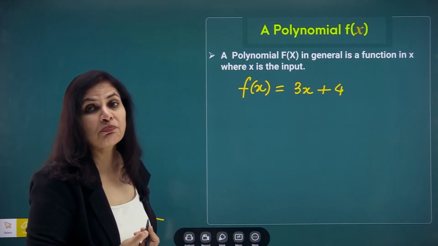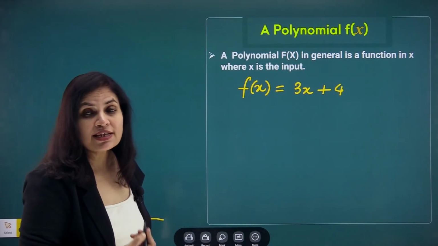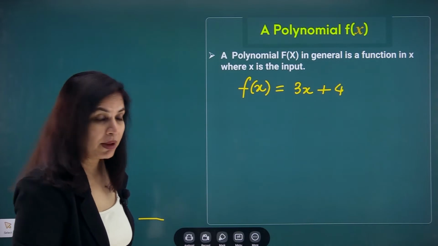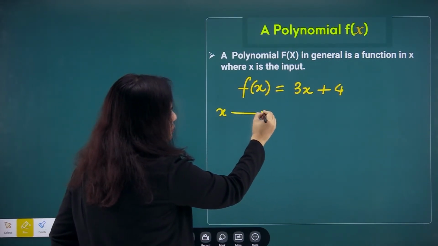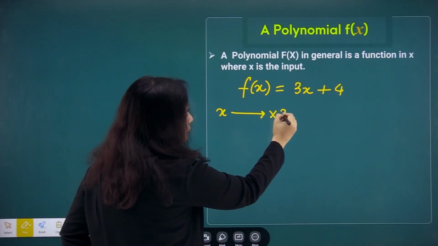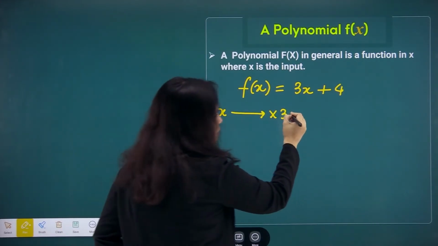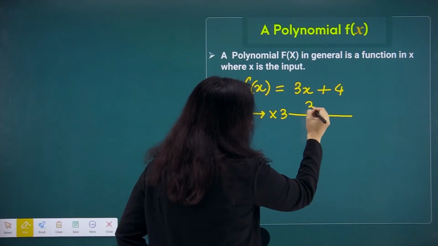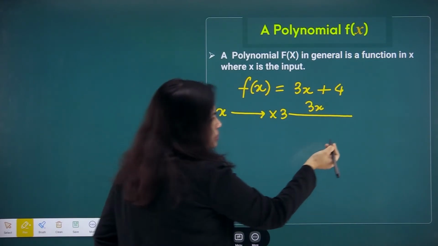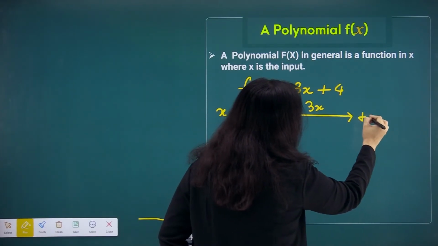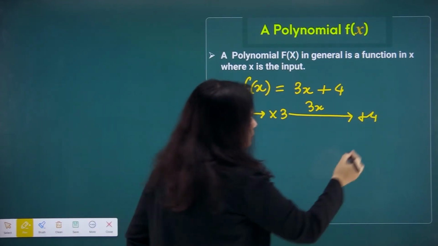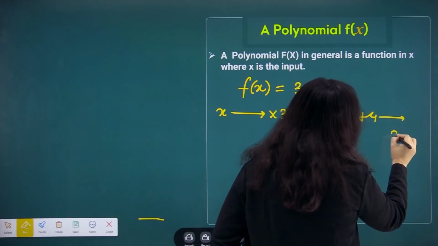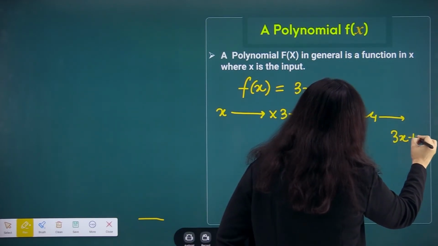How is x behaving? That is, processing of x is done in what manner? We started with an input x. We first multiplied it with 3. As I multiplied it with 3, I got 3x. Now, to this 3x, further 4 is added. When 4 is added to it, we finally get the final output 3x plus 4.